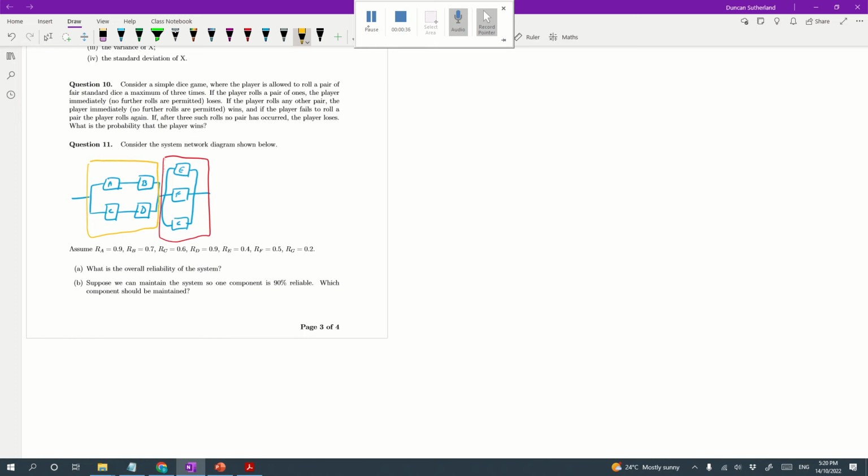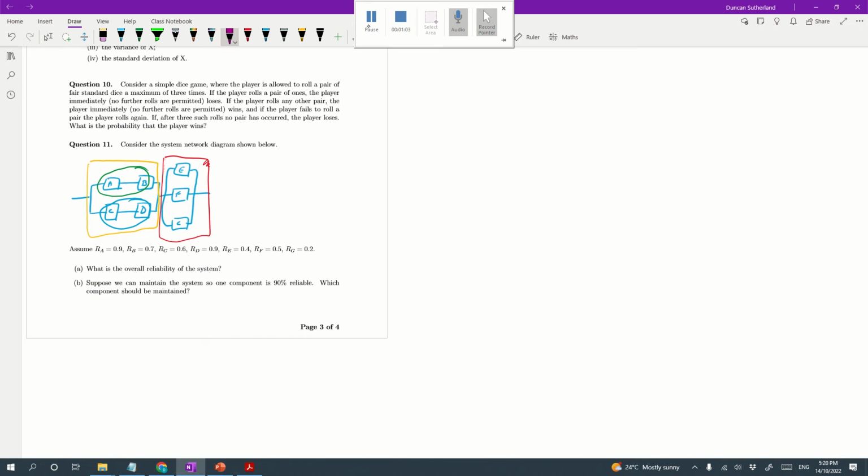And then we have in red an entirely parallel subsystem. Then in yellow, we've got two series subsystems that are in parallel. So let's go through and compute the reliability of all of these subsystems. So let's give them some labels.